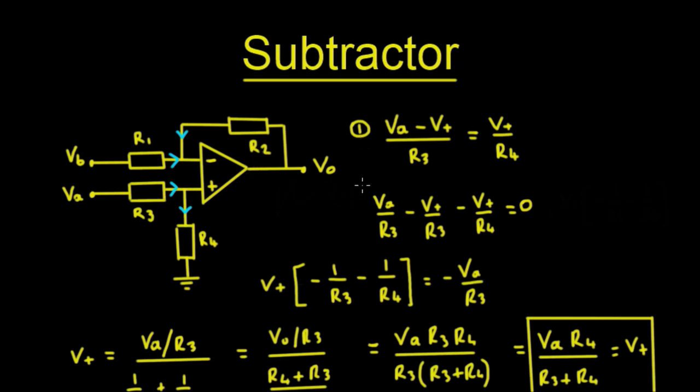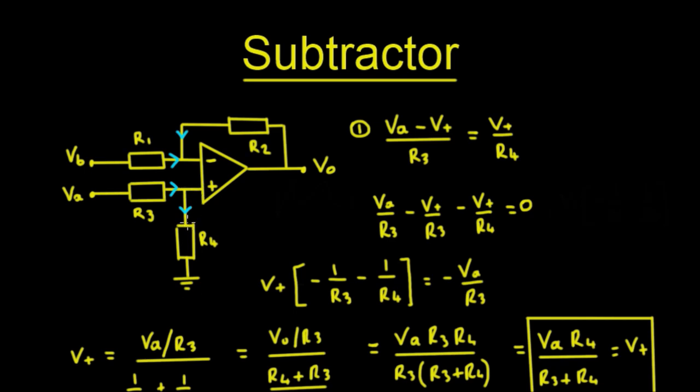We'll start off here looking at the currents in this leg. We can see that VA minus V plus upon R3 is the current in that leg. We know there's no current flowing into the input of the op amp, so all that current must flow down through there.